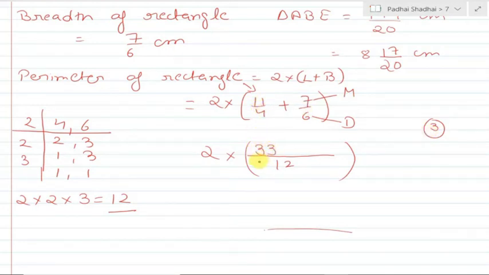Same for the next one: 12 divided by 6 we get 2. Now we multiply 2 by 7, 2 7s are 14. Adding both the answers we get 2 into bracket 47 by 12.